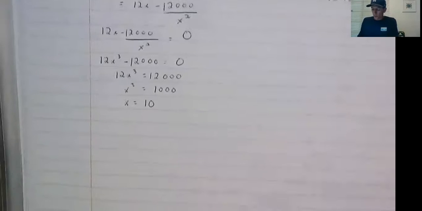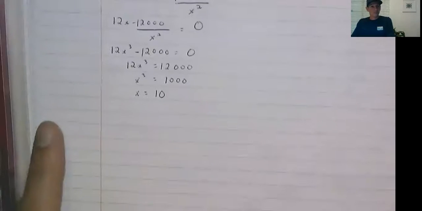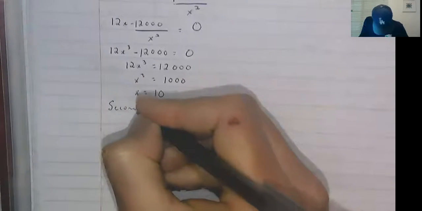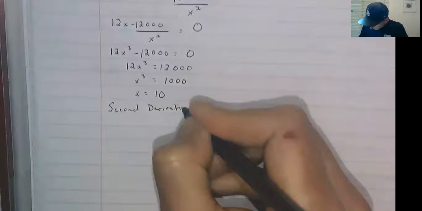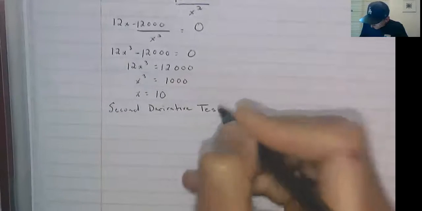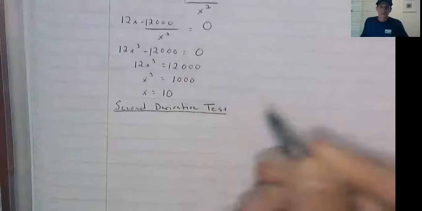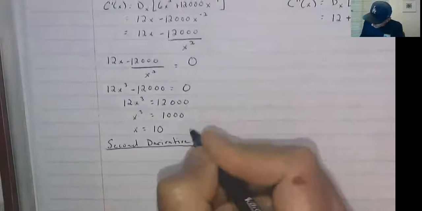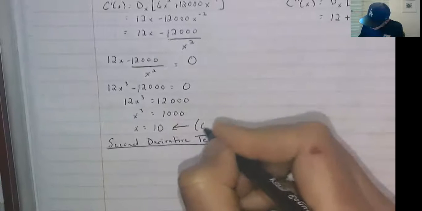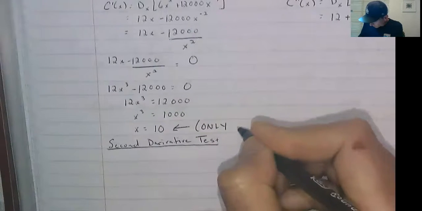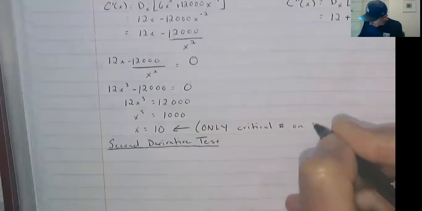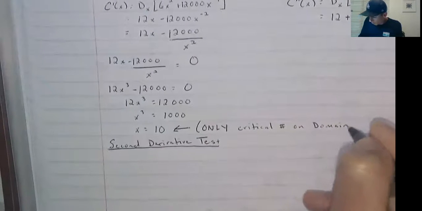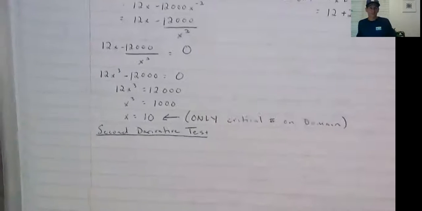So armed with that, we know that this is a relative min. Let's find out what kind based on our second derivative. Actually, maybe let's just be blaringly clear about this. Only critical number on domain, which is what we need in order to apply that 3.9.1 theorem.